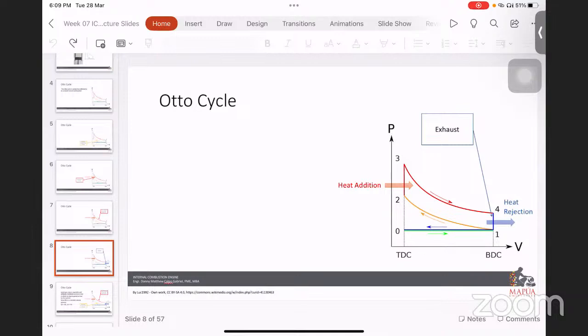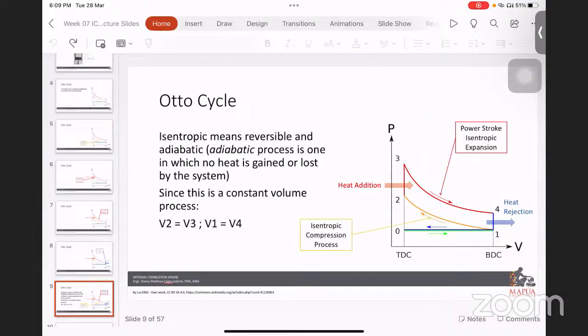Okay. Balik tayo dun sa sinabi natin sa process 1 to 2 saka process 3 to 4. Isentropic expansion and isentropic compression. Ano ba ibig sabihin ng isentropic compression? Isentropic means it's reversible and adiabatic. Adiabatic means there's no heat gain or loss within the system.